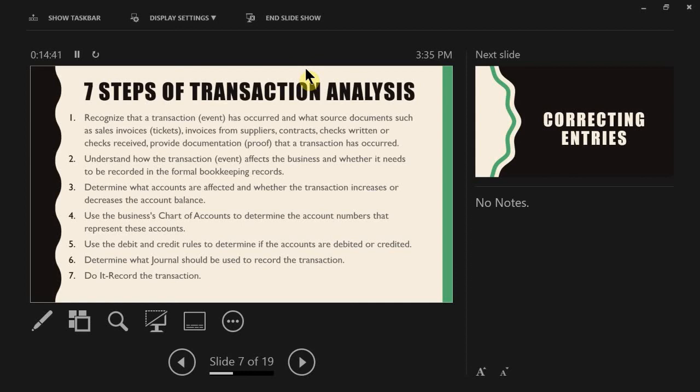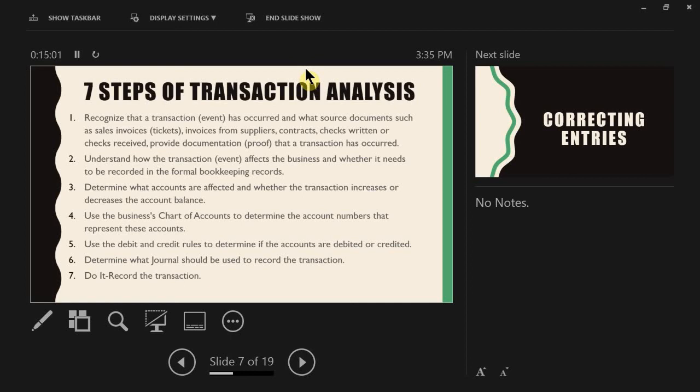This is where the accounting model comes into play. This is where we have to sit and think: if I increased my supplies, how will I use my debit and credit with that? And we're going to use the accounting model.